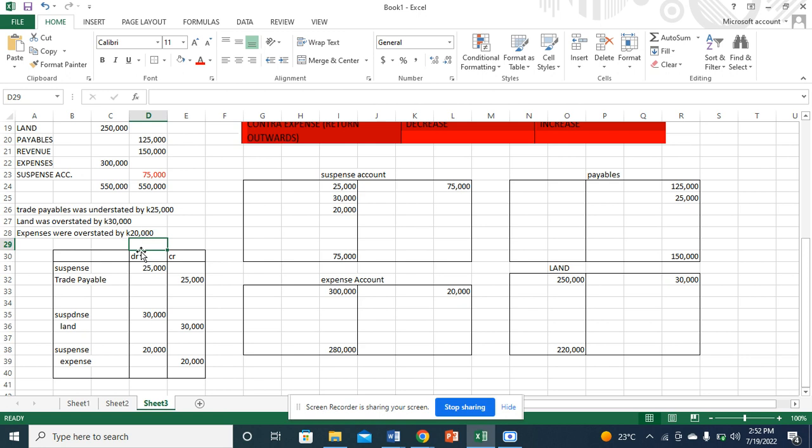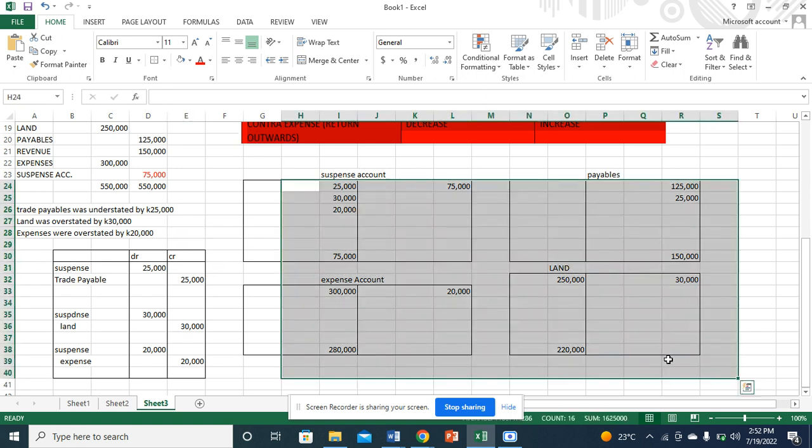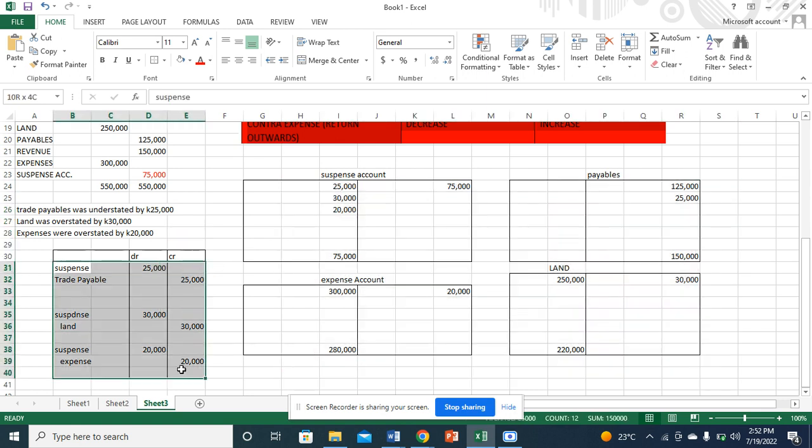Say in an exam, what titles would you give those? What headings would you give them? I'm not really understanding your question. Are you saying what headings do I give these T accounts, or these journal entries? Like, for example, a balance sheet as at this date. Oh, okay.